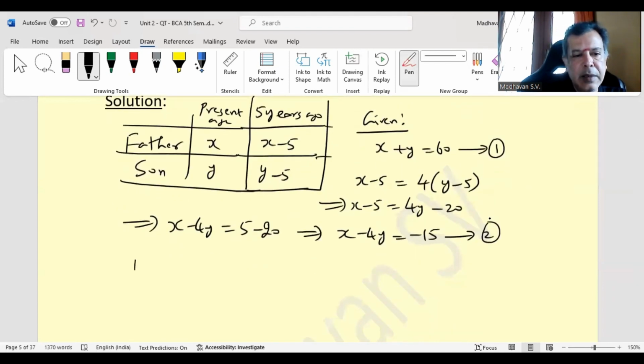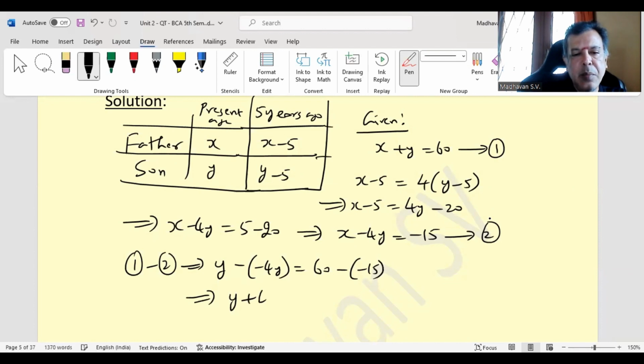Now we subtract first equation minus second equation. X and X get cancelled. Y minus of minus 4Y is equal to 60 minus of minus 15, which means Y plus 4Y equal to 60 plus 15, which means 5Y equal to 75, which means Y equal to 15.